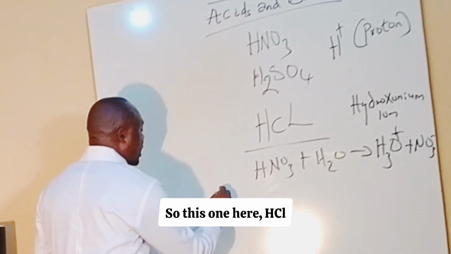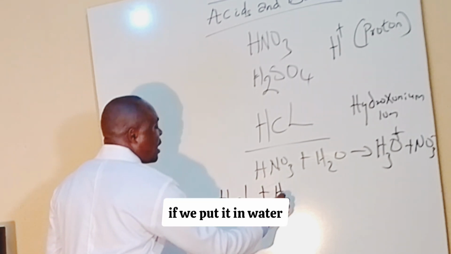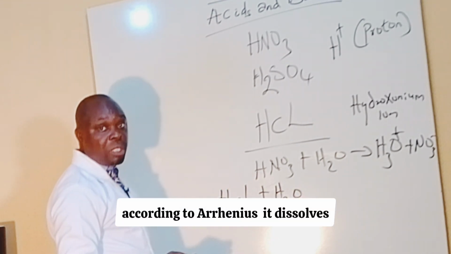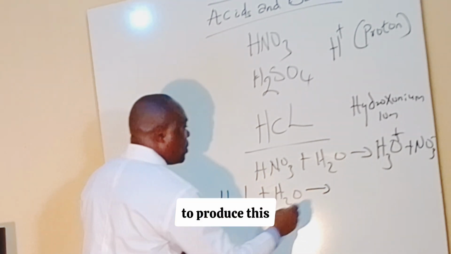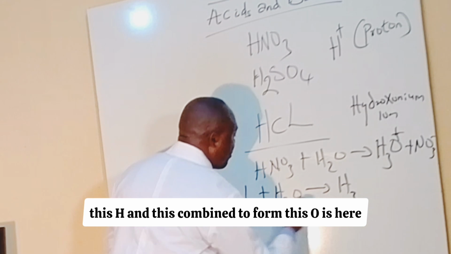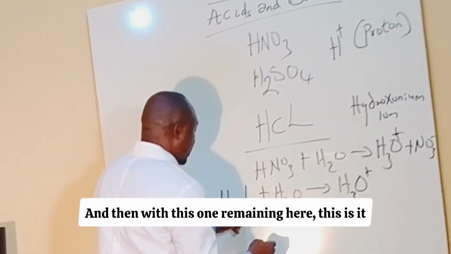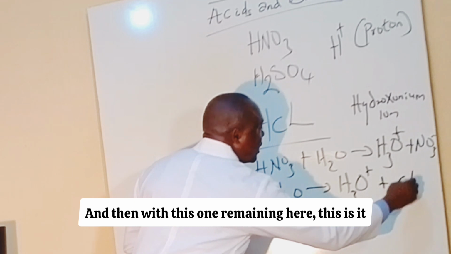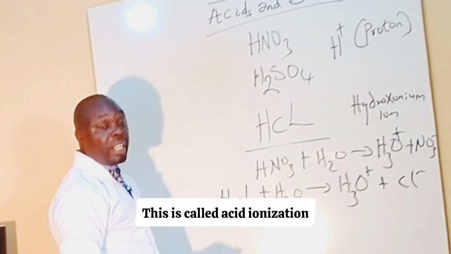So this one here, HCl, if we put it in water, according to Arrhenius, dissolves to produce H, and this combines with the O to form H3O+, with Cl- remaining. This is ionization. This is called acid ionization.